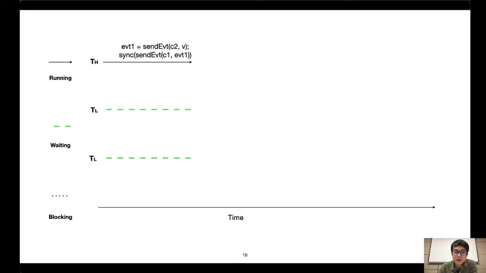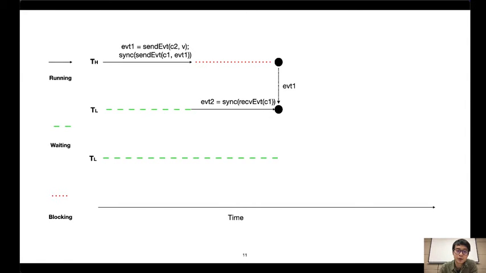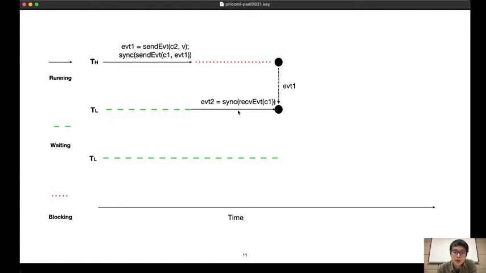Once the high priority thread syncs on the send event, it blocks, and we get a chance to switch to a low priority thread. Let's assume we switch to this low priority thread, and it tries to sync on a receive event from C1.